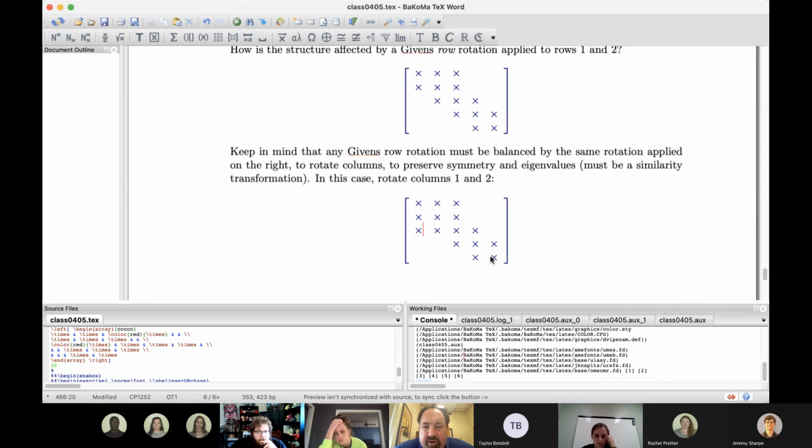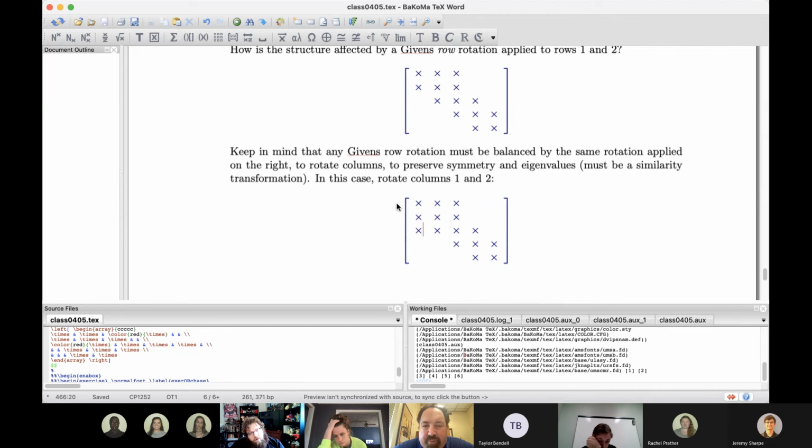From this point forward, your rotations will be specifically designed to zero entries of this matrix. What happened before was you come up with a given rotation that's meant to zero an entry of one matrix, and then you apply it to a different one, and the effects are a bit unpredictable.